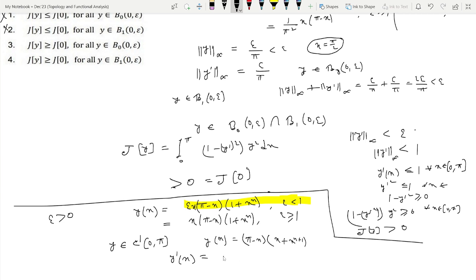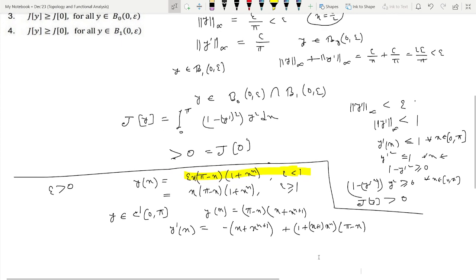Then y'(x) is minus 1 into (x plus x to the power n plus 1) plus (1 plus (n plus 1) x to the power n) into (pi minus x).